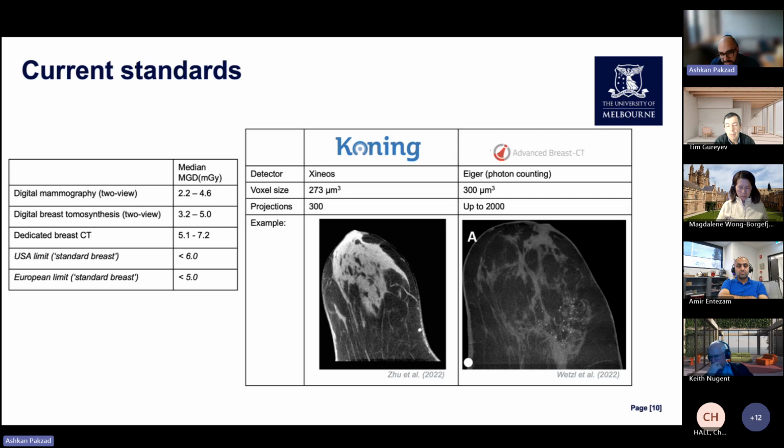I just have a couple of example images so you can see what sort of images they capture. Their voxel sizes are around 300 microns, but can be smaller using different scanning parameters. In comparison to the images here, where we will look at voxel sizes of 100 microns, so 3 times smaller.